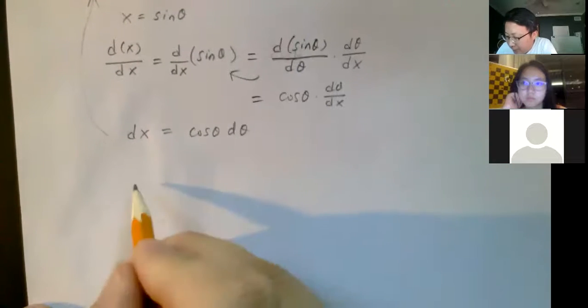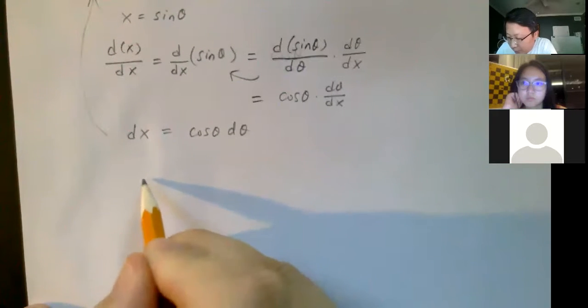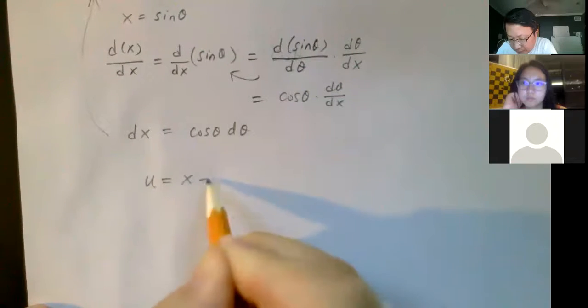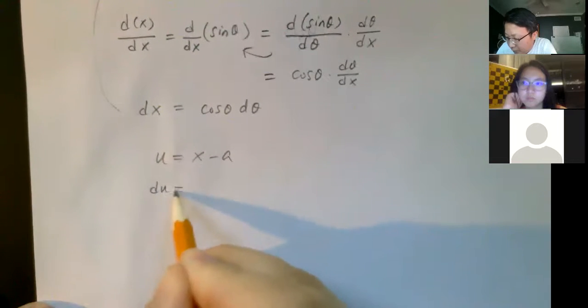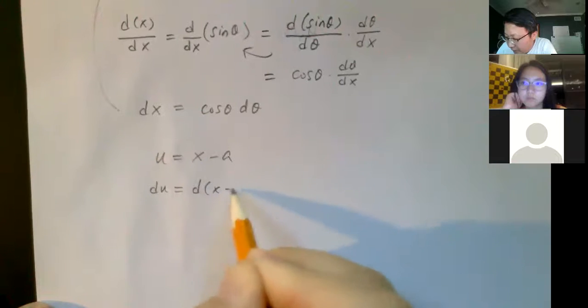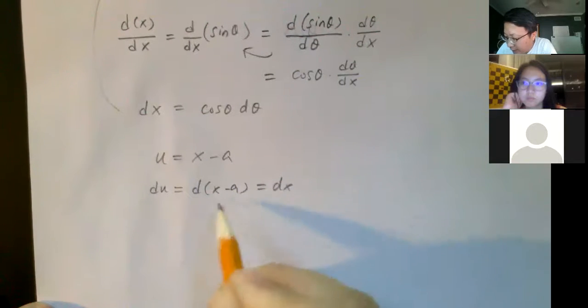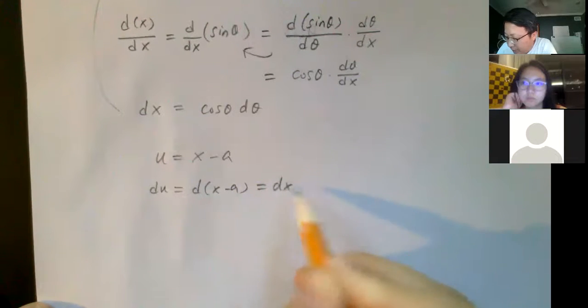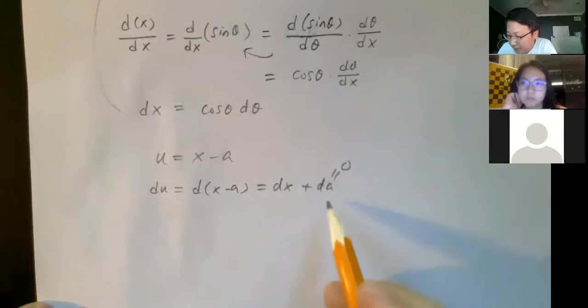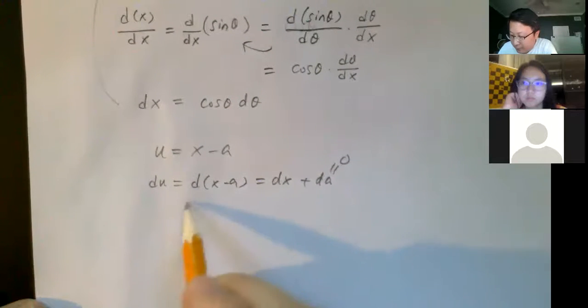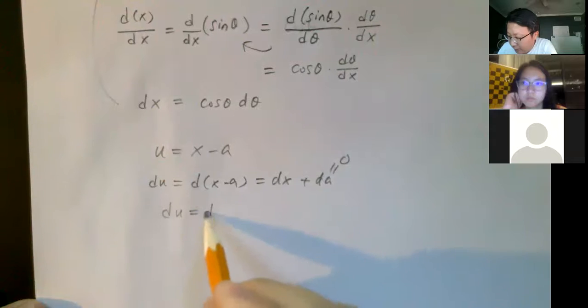For example, if you say, okay, u equals x minus a, and I want to do du, which is d of x minus a, eventually it's dx, because a is a constant, so da is 0. So this basically comes to du equals dx.